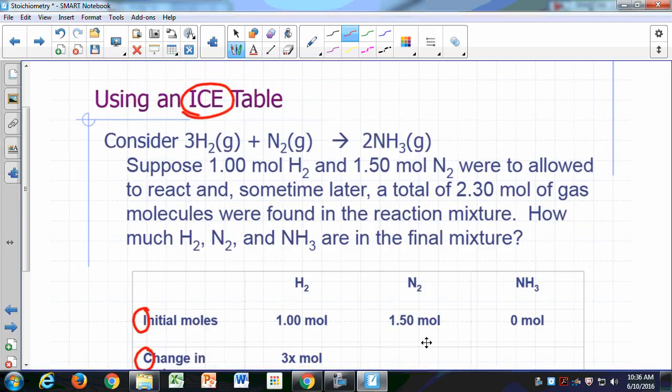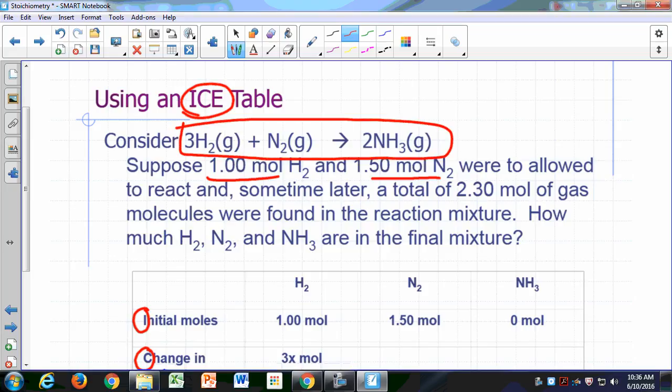Let's look at this particular question. Suppose you have 1 mole of H2 and 1.5 moles of N2, and you allow them to react. So this is the reaction: 3H2 plus N2 gives you 2NH3. And sometime later, you found that you now have 2.3 moles of gas molecules in your reaction mixture. This 2.3 moles is not just N2 or H2 or NH3, it's a combination of all three.